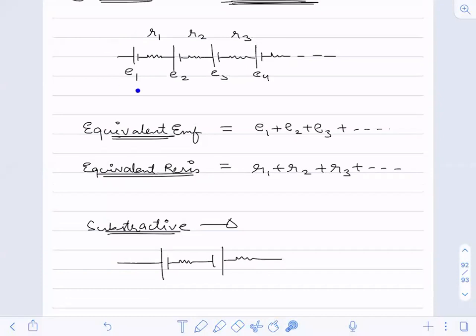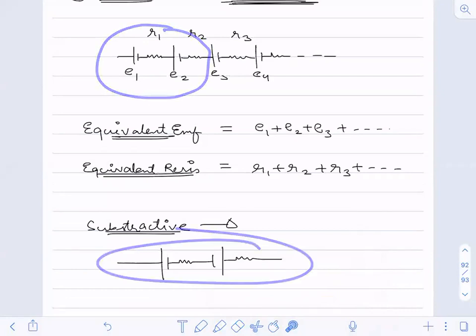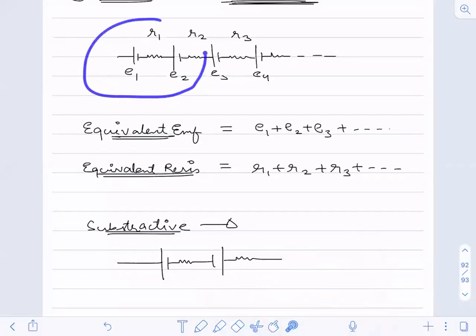Just see how you have connected this part of the circuit and this one. Positive is connected with the smaller one and the smaller one is connected with the bigger one.